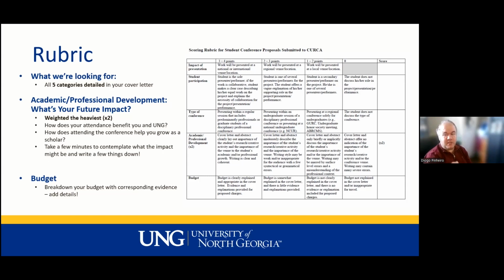Essentially, what we're looking for here in terms of evidence is evidence that you went out and did research on how much it's going to actually cost to attend the conference that you're going to be attending. We want to make sure that the costs that you're estimating are reasonable, are appropriate. We don't want you to be like, oh, I'm going to go to Japan and I need $100 for an airplane ticket. We want to make sure that you are very much aware of the costs involved.